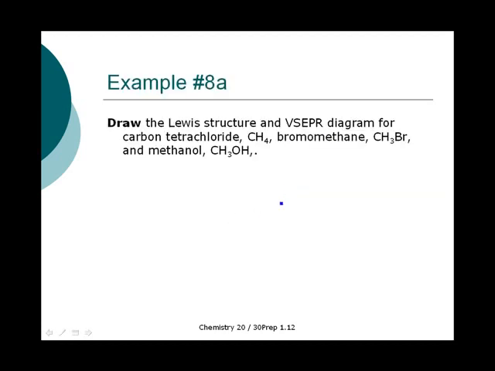So, if we take a look at carbon tetrachloride, a fairly easy molecule to draw, it's going to be tetrahedral. If we draw bromomethane, it's going to be another tetrahedral molecule. So C.